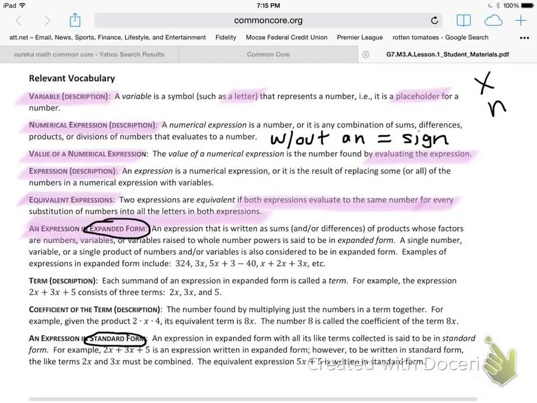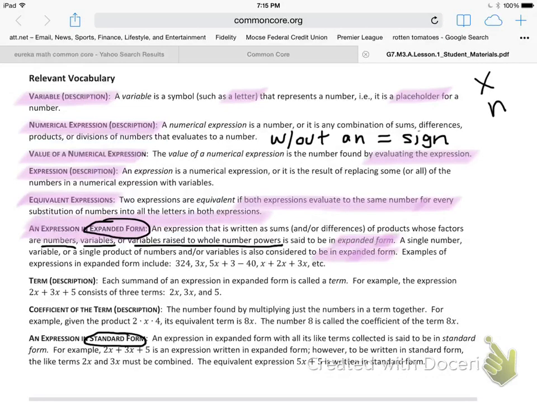An expression that is written as sums and/or differences of products whose factors are numbers, variables, or variables raised to whole number powers, as in x squared for example, is said to be in expanded form. A single number, variable, or a single product of numbers and/or variables is also considered to be in expanded form.